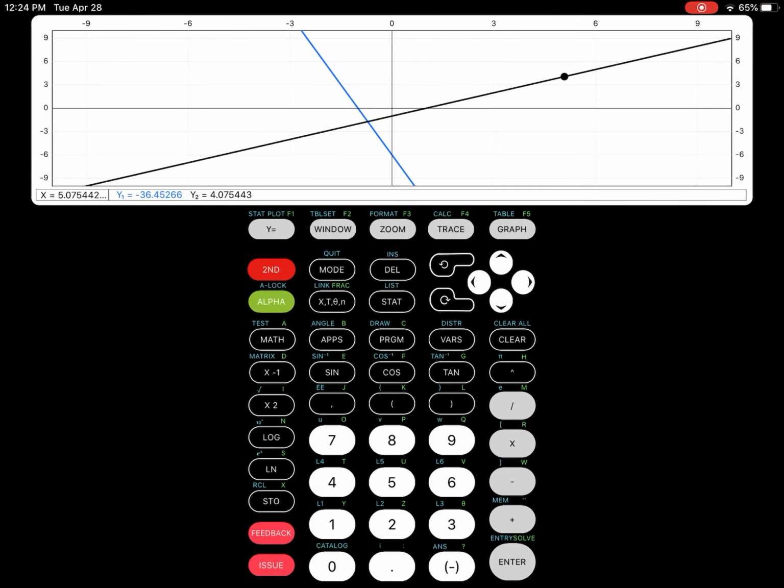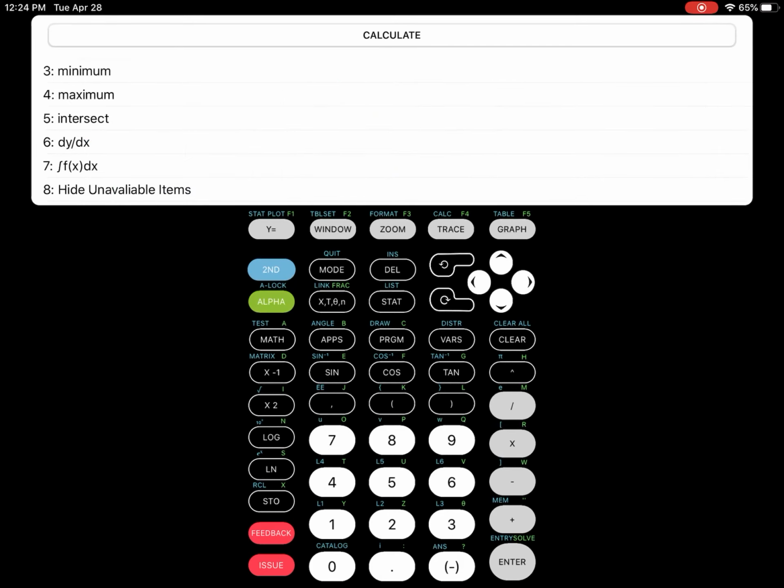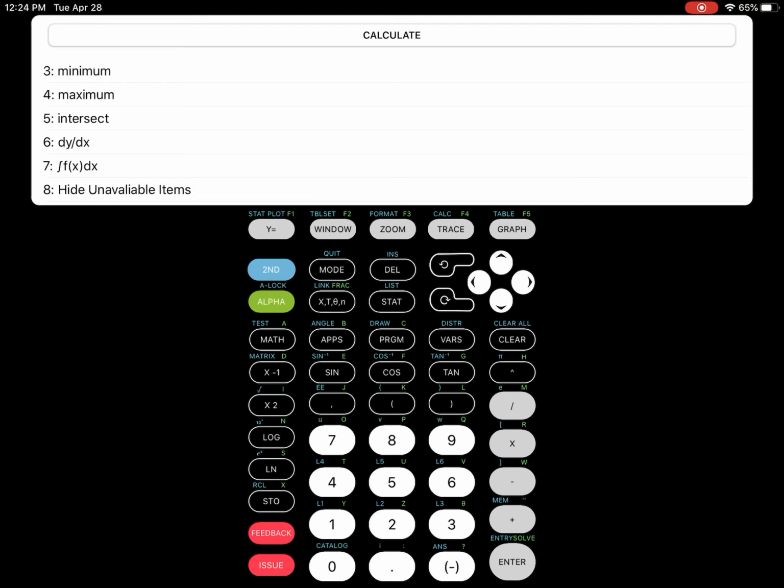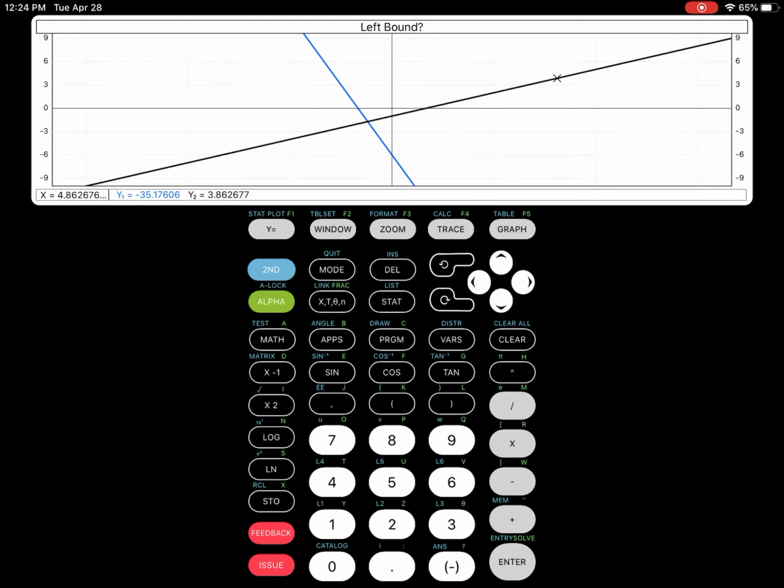We're going to hit the second button, this blue button, and hit the word trace at the top. I am going to look in this list for the intersection point, choice 5. Okay, so again, second, trace, 5.